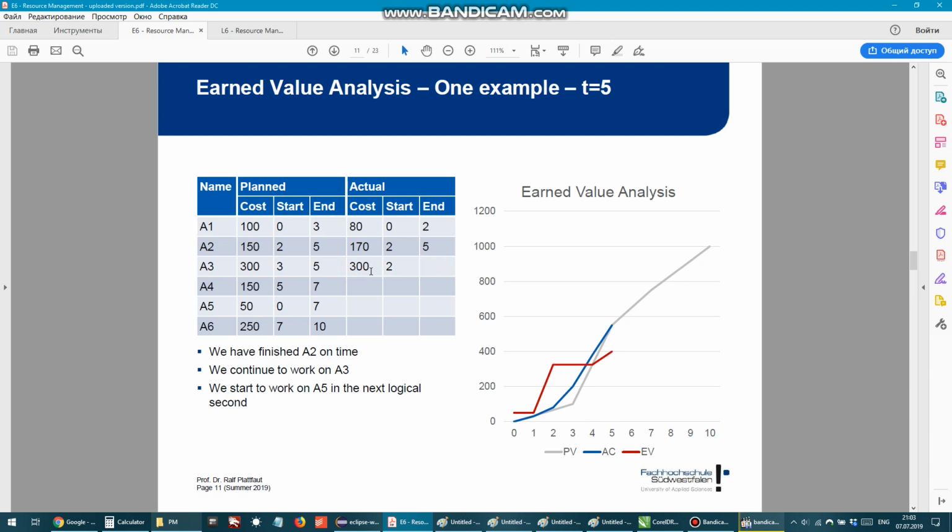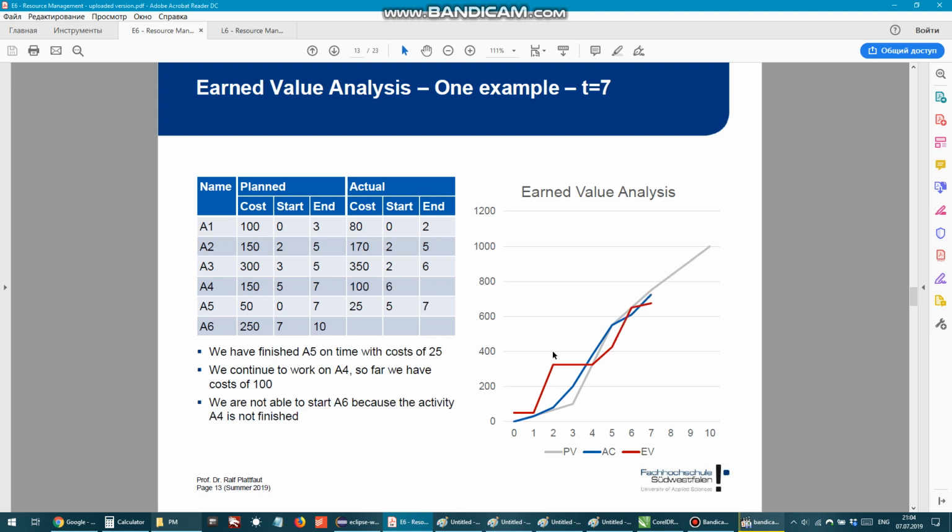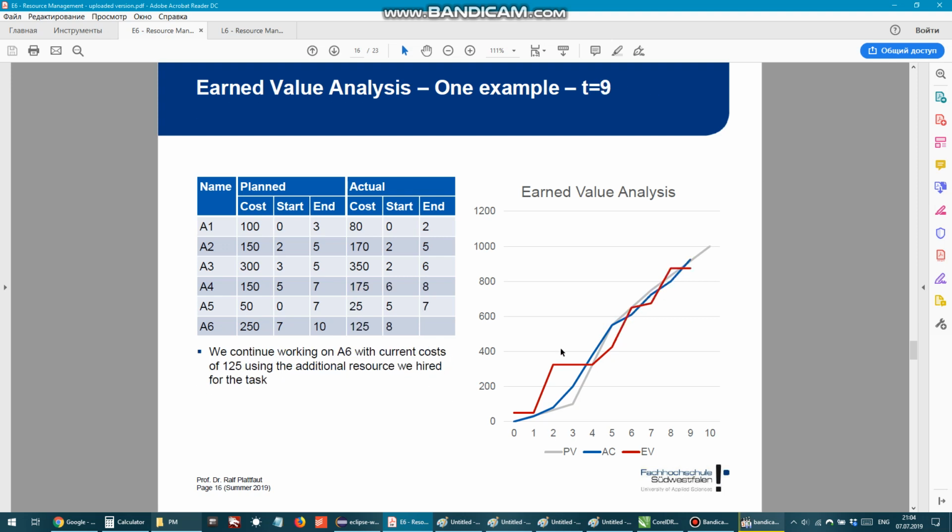So we have to take this 300 also. So 80, 170, that makes 250, and 300, that's 550. That's this point, 550. And then it increases, also changes.